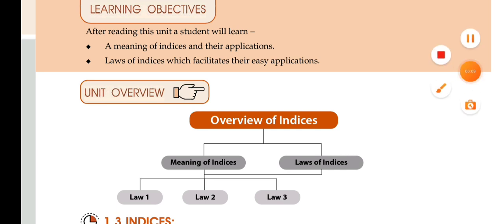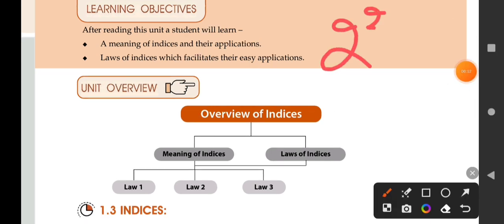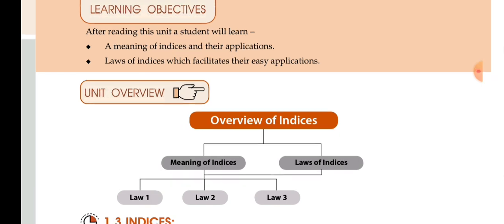Let's revise. Now you understood 2 square is 4. So let us revise squares from 1 to 20. I want you all to write it in your book, so that it will become very easy for you to solve this unit.